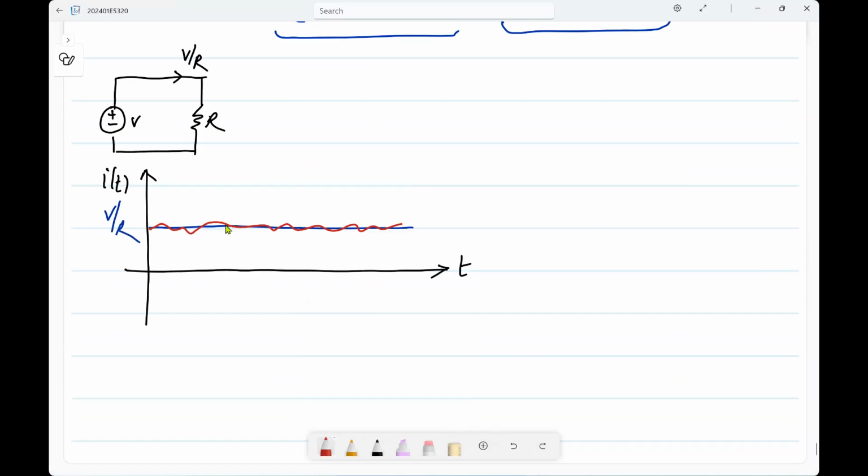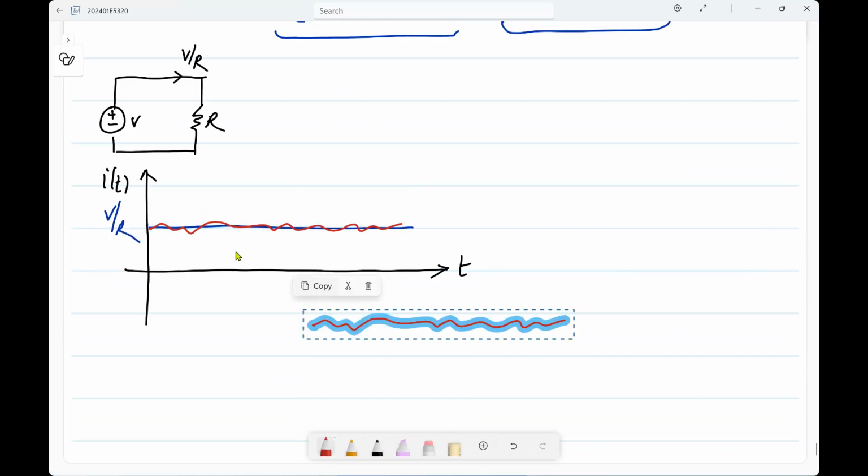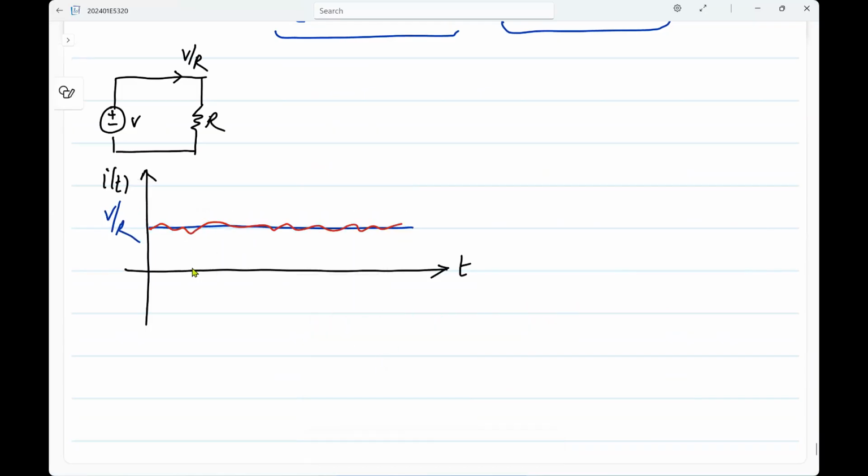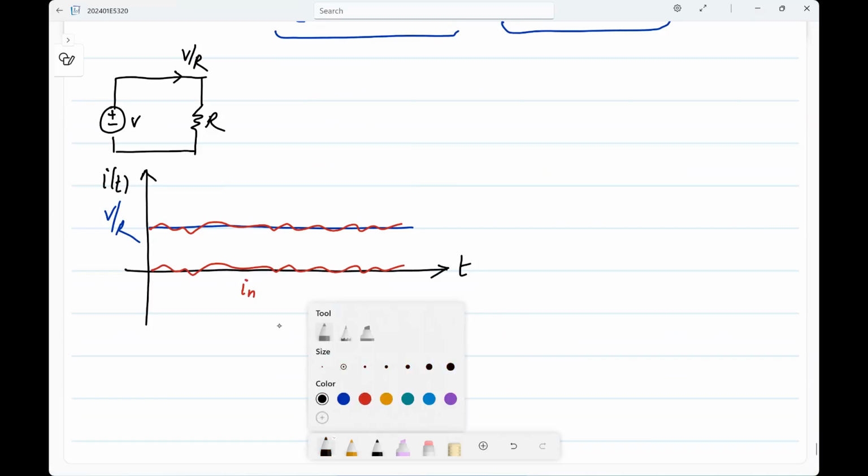And now the total current can be represented as the current that you get from the element relationship plus noise current IN.